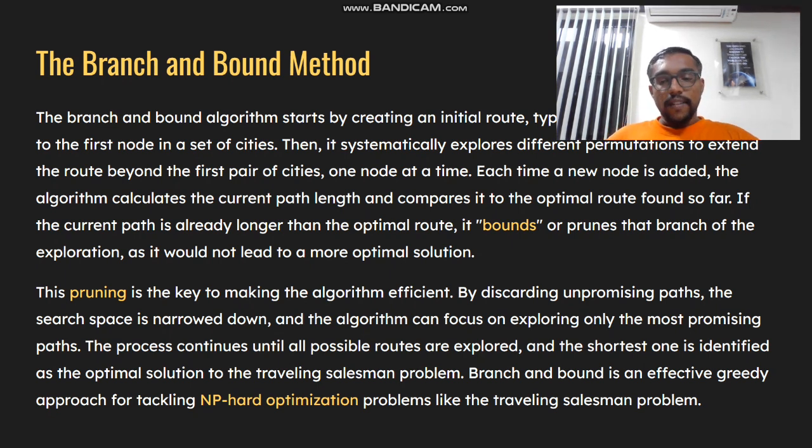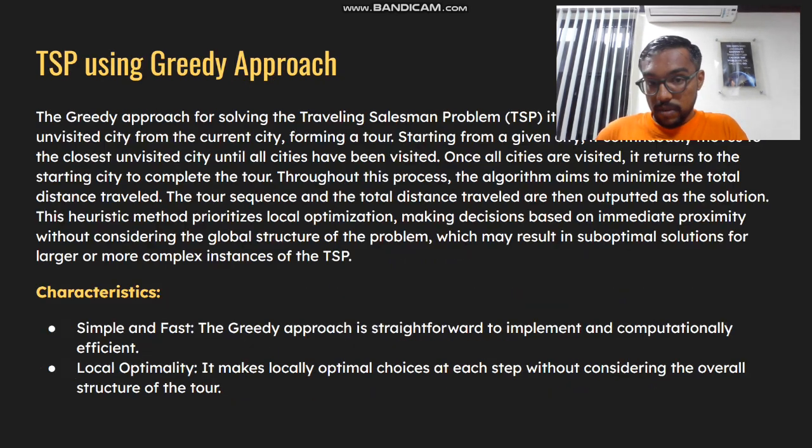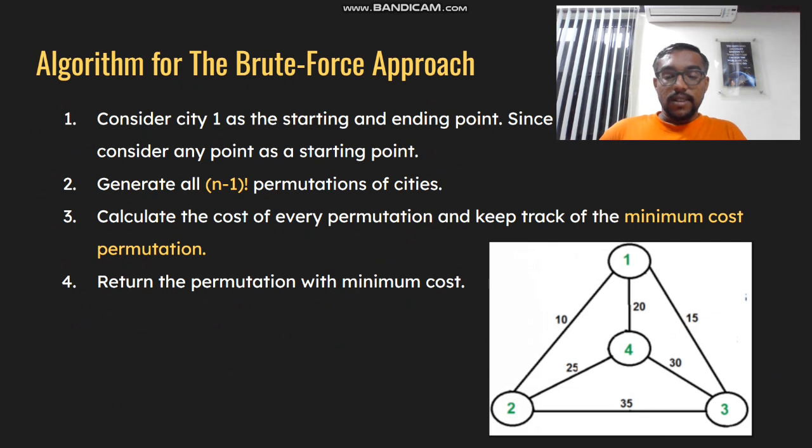Branch and bound is an effective approach for tackling NP-hard optimization problems like the traveling salesman problem. Here what it says is going from one node to another node, 1 to 2, 2 to 3, 3 to 4, 4 to 1. The algorithm actually starts from 1, 1 to 2, 2 to 3, 3 to 4.